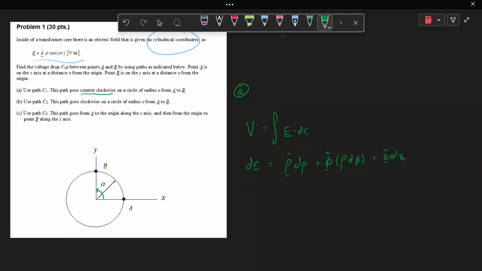And if you're going to take the dot product between two functions, the functions that get output are only the ones that share the common unit vector.